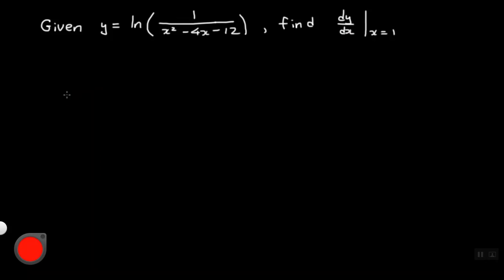So let's differentiate. We definitely have a composite function. We have some trapped business inside our natural log. Remember, when you're differentiating a natural log, you have to take the reciprocal of the input of the natural log. This is a confusing way to write it, but I have to take the reciprocal of 1 over x squared minus 4x minus 12, which will just become x squared minus 4x minus 12 in the next step.